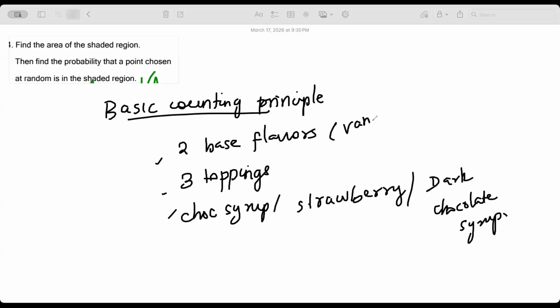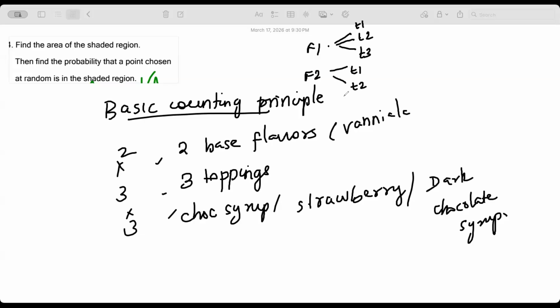Let's say, 18. How do you know? I just multiplied 2 times 3 times 3. Makes sense? Why? Because flavor 1, flavor 2. Draw the tree diagram, right? 2 flavors that each can be combined with topping 1, topping 2, topping 3.